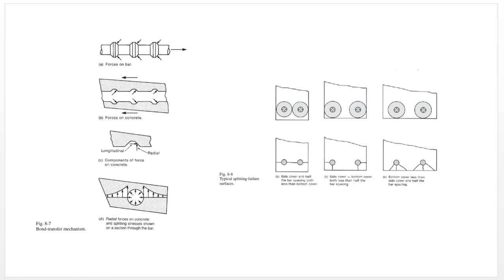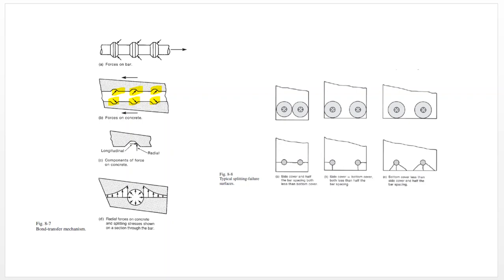There is this anchoring force that comes from the fact that the rebar has these deformations along the way, and these deformations cause a certain bond contact to happen, as shown in here.